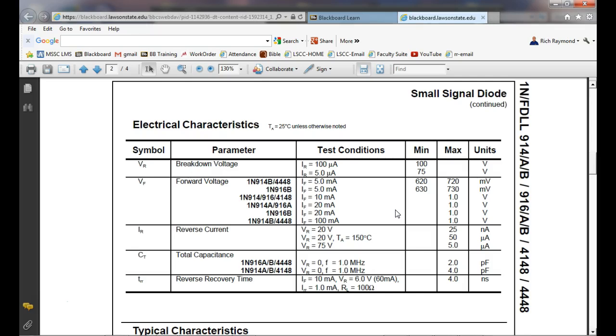So these things were tested at 25 degrees centigrade. So they're saying, okay, it's 25 degrees centigrade, then we should expect these minimum currents. It don't mean you can't have more, but it means you'll never have what? Less. Well, all we know is at 5 milliamps, this guy here is either going to be somewhere between what? 620 and 720. That's all we know.